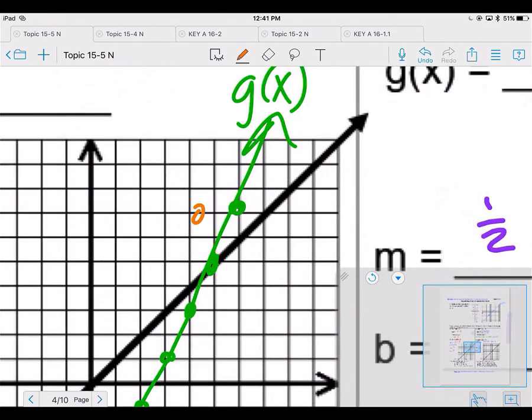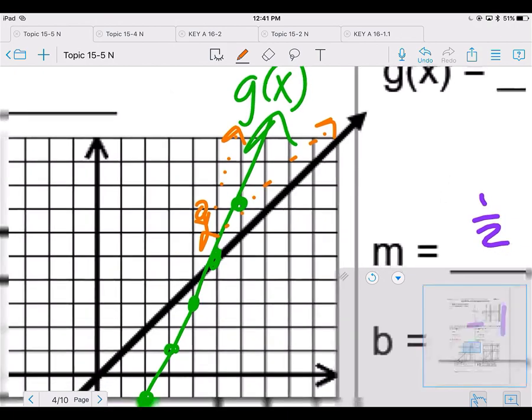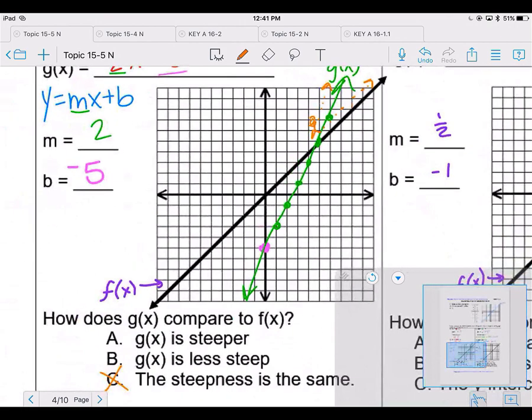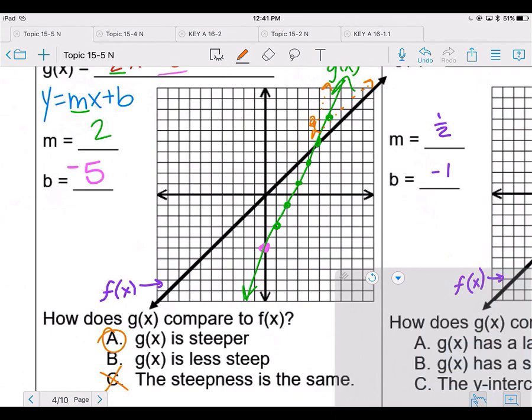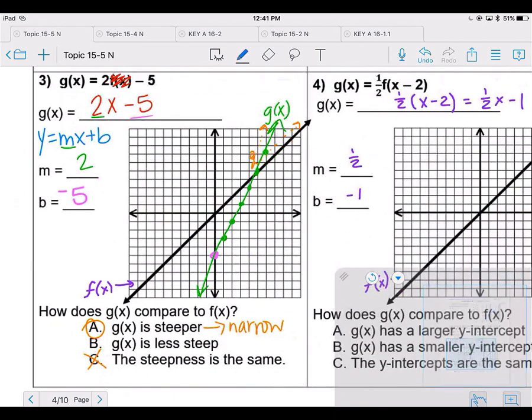If I were to walk on g of x, it would be a much harder path than if I were to walk up f of x. Because I would most likely fall, g of x is steeper. So steeper is like the word narrow from quadratics.